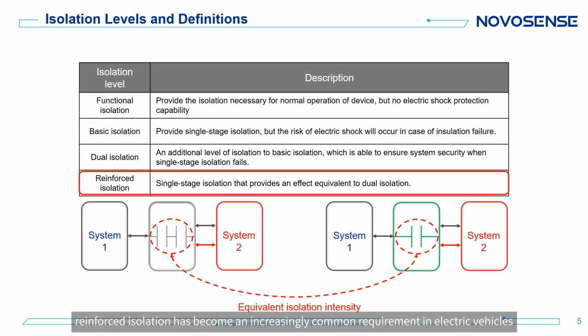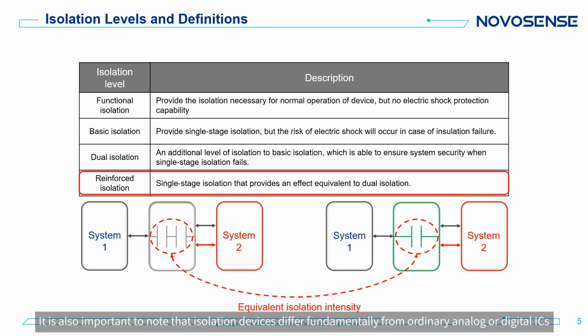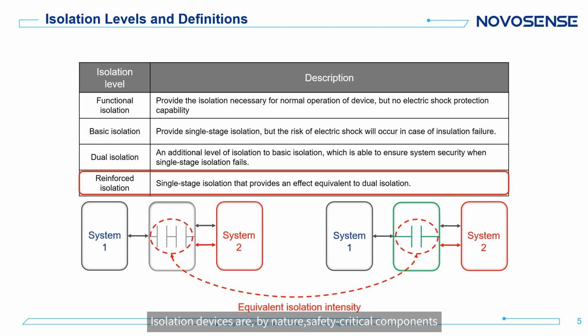Today, reinforced isolation has become an increasingly common requirement in electric vehicles, industrial high-voltage systems, energy storage systems, and server power supplies. It is also important to note that isolation devices differ fundamentally from ordinary analog or digital ICs. Isolation devices are, by nature, safety-critical components.